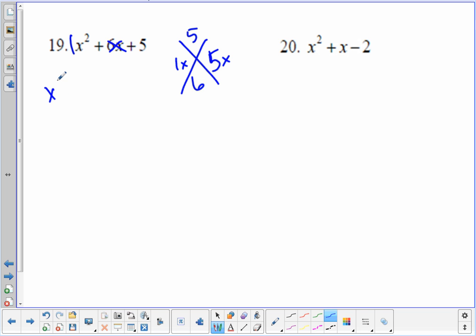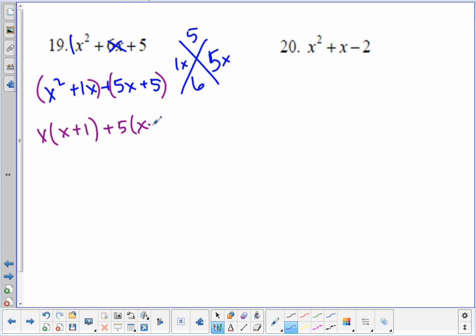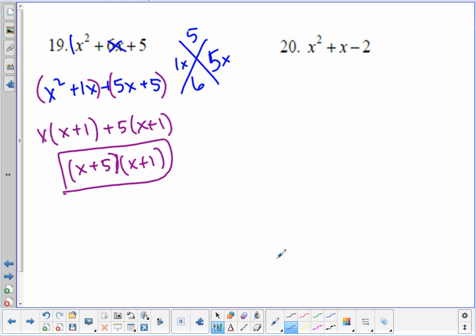So I have x squared plus 1x plus 5x plus 5. And then I group them. Group and group. Take out an x, leaves me with x plus 1. Take out a 5, leaves me with x plus 1. I have x plus 5, x plus 1. There's my factored form.